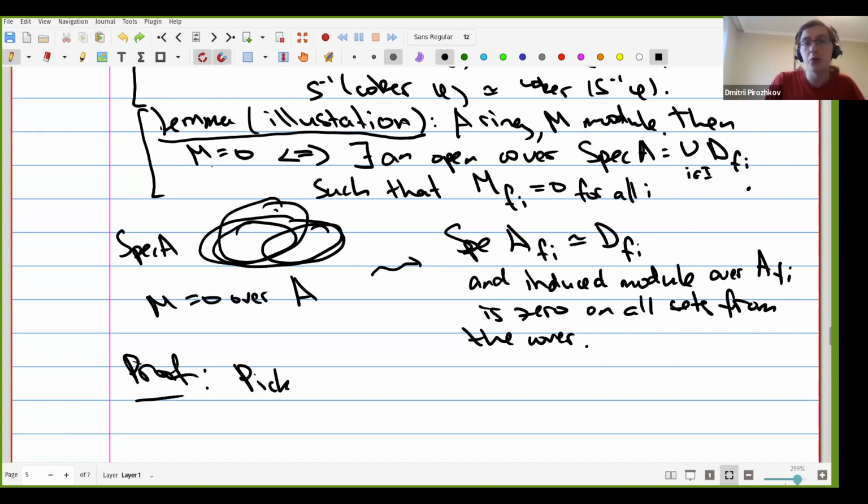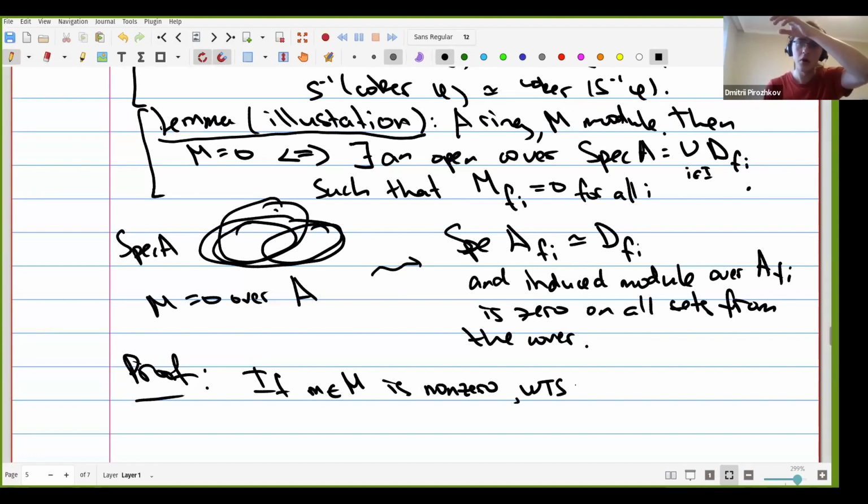So we only need to show that if you have some element M in this module, which is non-zero, we want to show that there will be at least one distinguished open subset from the open cover over which the corresponding localized module will be non-zero.